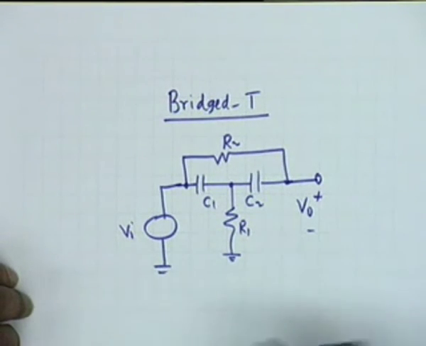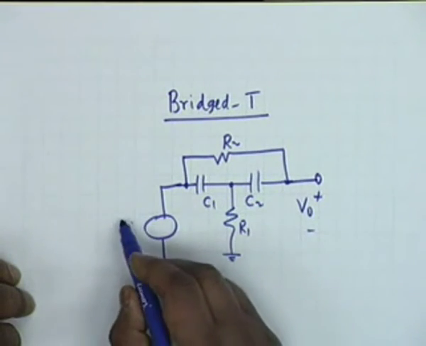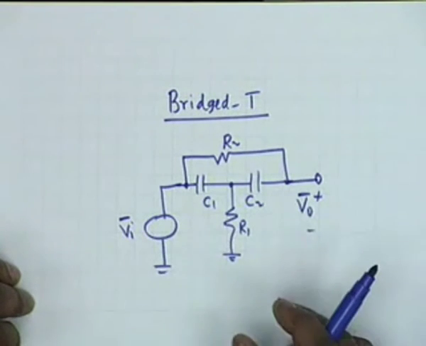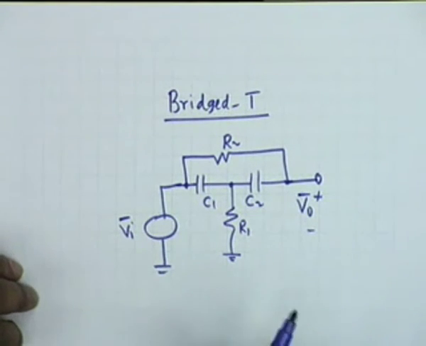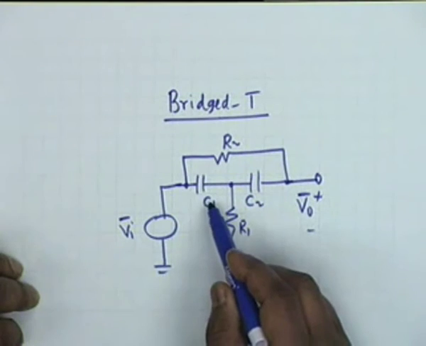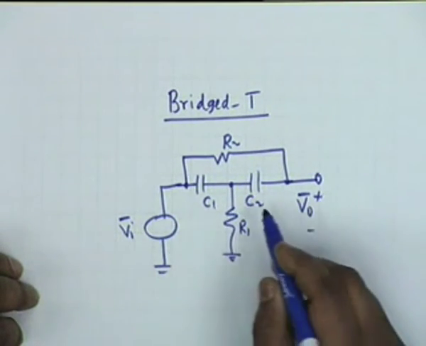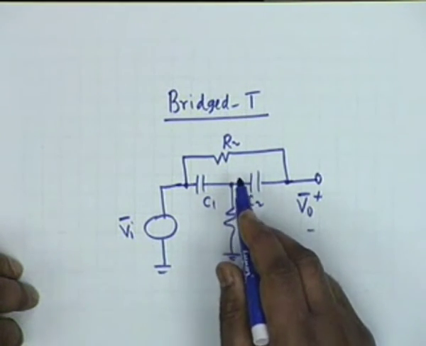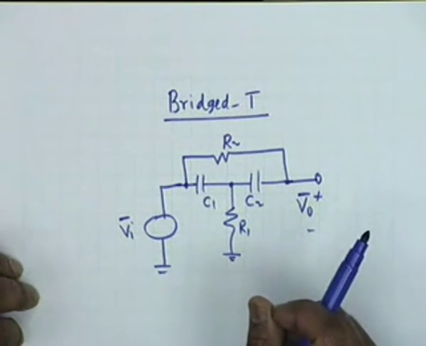Now, if you wish to analyze this circuit, you have to assume phasors Vi, V0, and then work in terms of the impedances. You know KVL, KCL, both are valid for AC circuits, and therefore you replace C1 by 1 by j omega C1, C2 by 1 by j omega C2, R1 and R2, or you could work in terms of S instead of j omega.